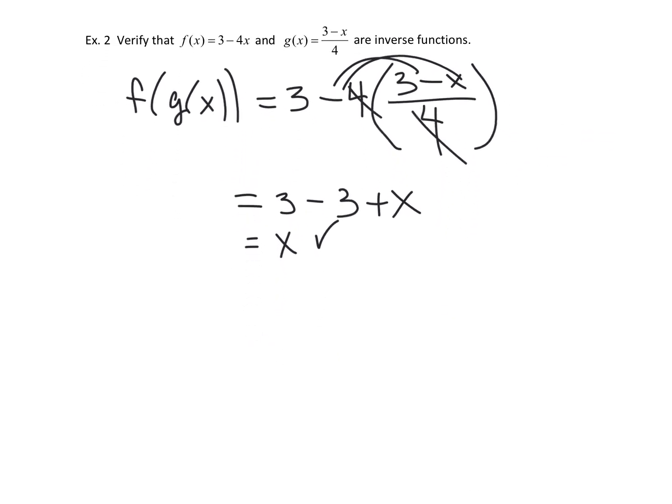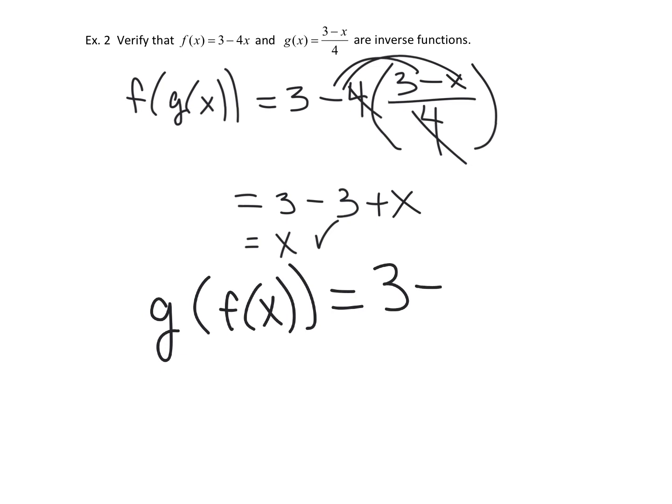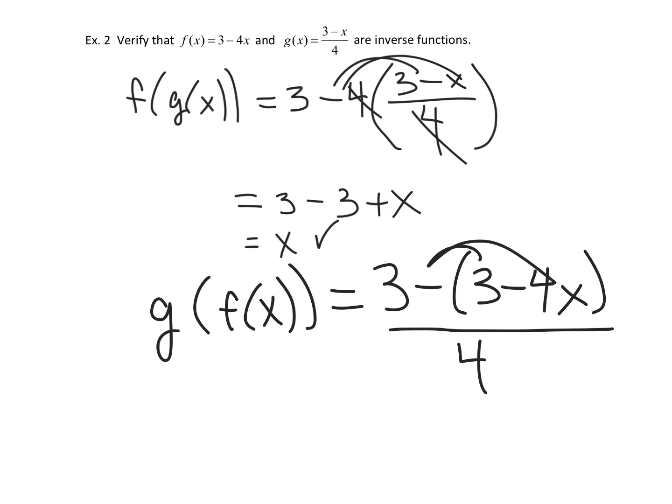Now we're going to go the other way, where we take f and insert it into g. So you have my g function, open parentheses for the x, divide by 4, and then we are inserting f, which is 3 minus 4x. Distribute the negative, the 3s cancel, two negatives turn positive, so we have 4x over 4, the 4s cancel, and we're left with x.